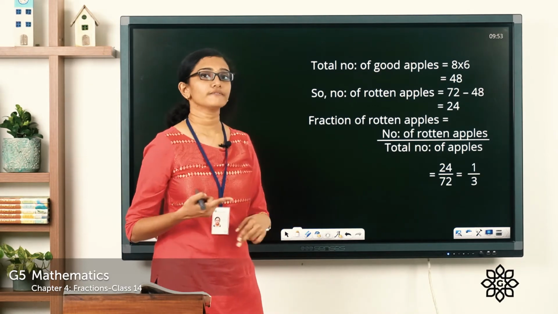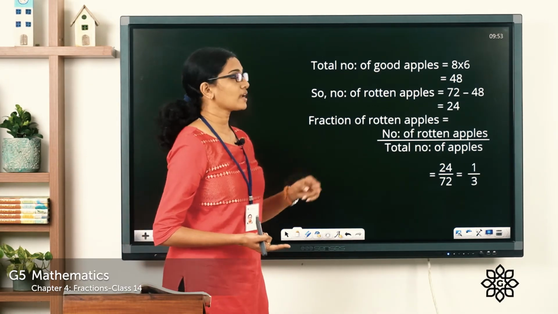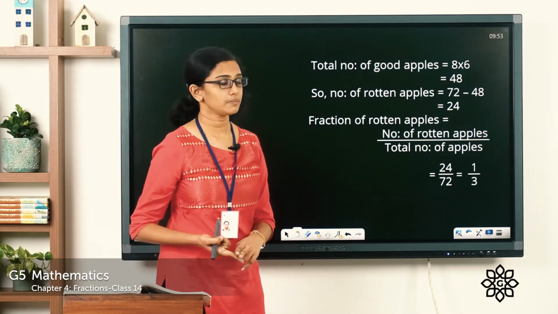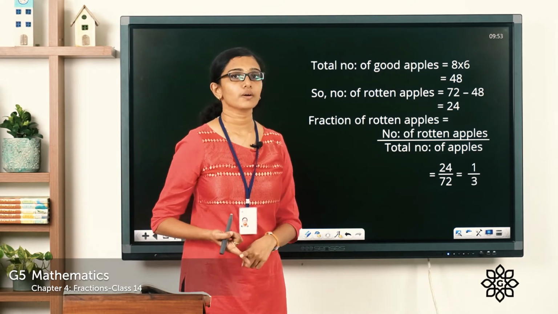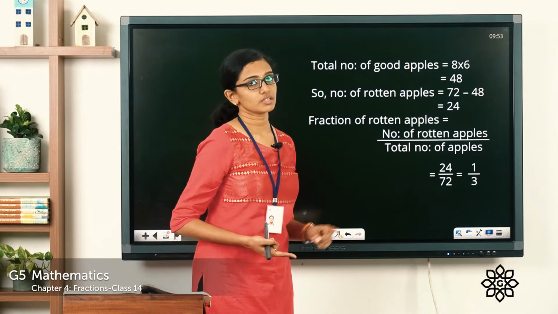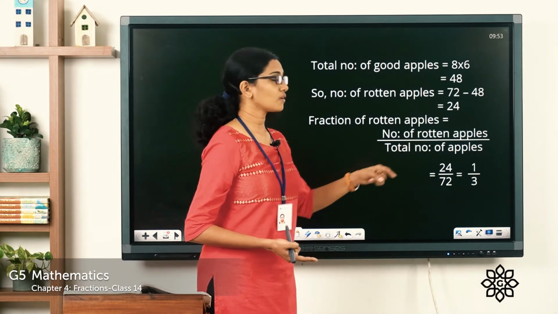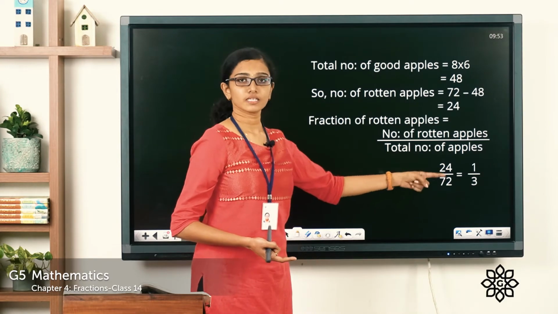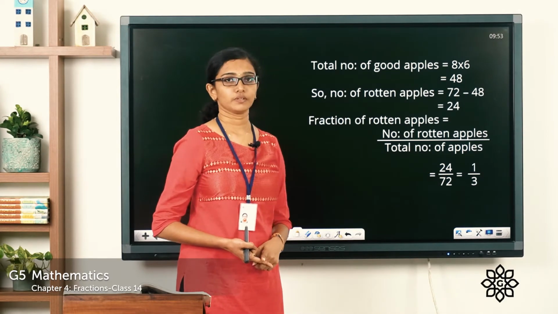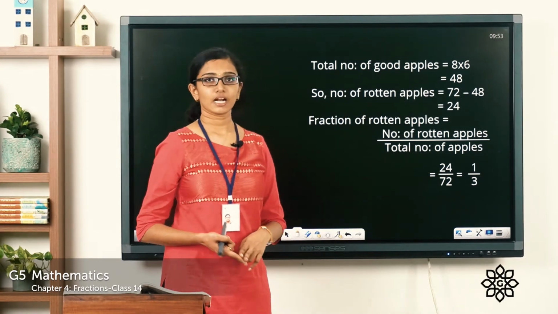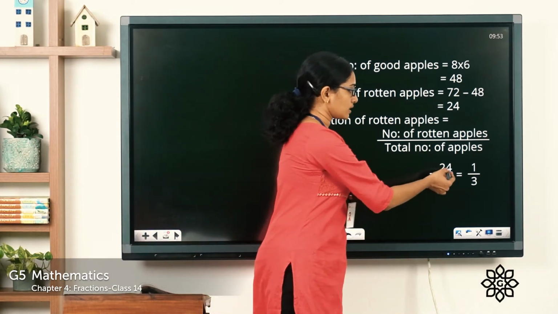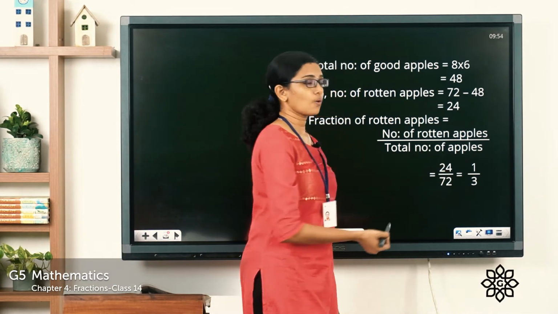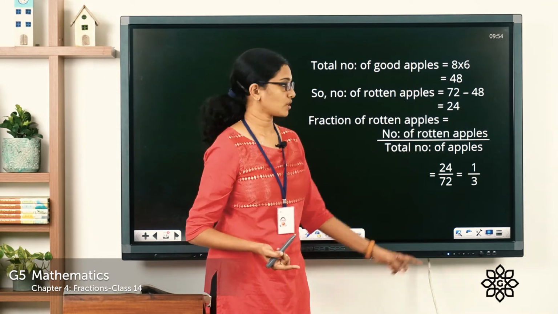So how do you write the fraction of rotten apples? The fraction of rotten apples will be equal to the number of rotten apples by the total number of apples. So the number of rotten apples is 24 by 72, the total number of apples. See, here we can cancel out the common factors. Both these numbers 24 and 72 are multiples of 24.